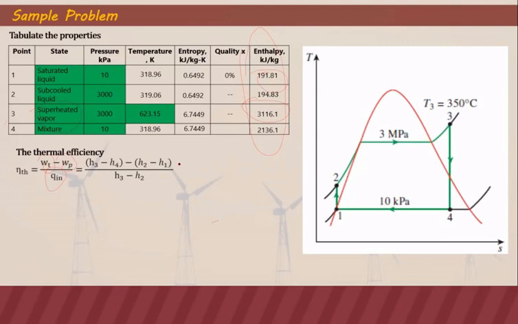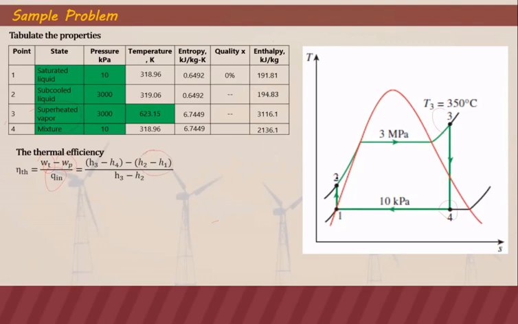The work of the turbine is the work between process 3 to 4. That's why we have H3 minus H4. So make sure that this is in order or else the result will be different. It has to be H3 minus H4 because again, H3 is higher than H4. And then for the work of the pump, that is process 1 to 2, that is H2 minus H1. So we have it here.